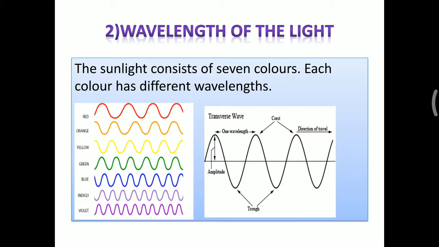So what is meant by wavelength first? Look at the second diagram. The distance between two crests or two troughs is called wavelength. So the sunlight consists of 7 colors from violet to red. Here the violet has the shortest wavelength, the red has the longest wavelength.